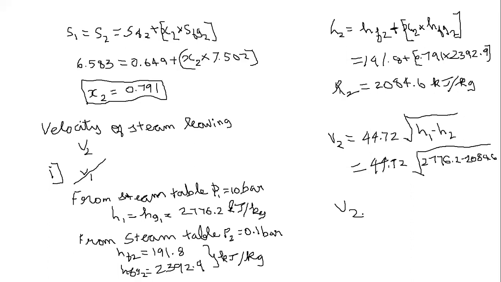Therefore V2 is equal to 1176 meter per second. Okay. So if you neglect the initial velocity, you can find the value for V2, the velocity of steam leaving at nozzle exit, as 1176 meter per second.